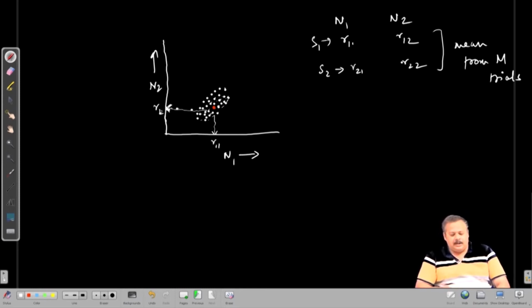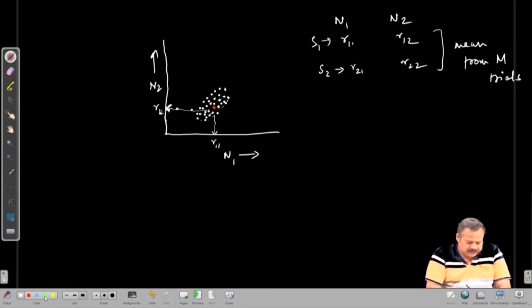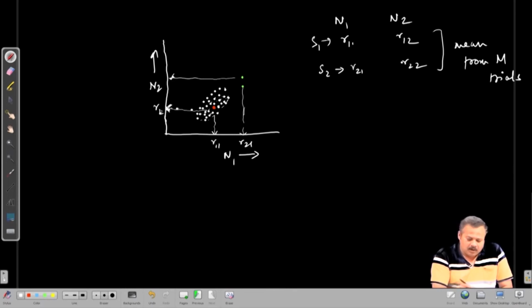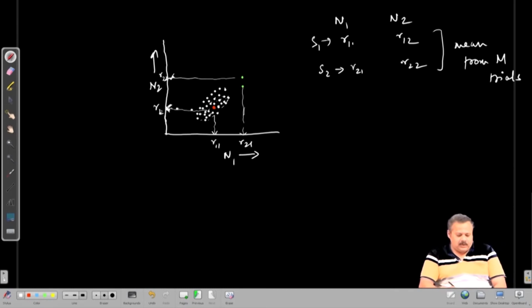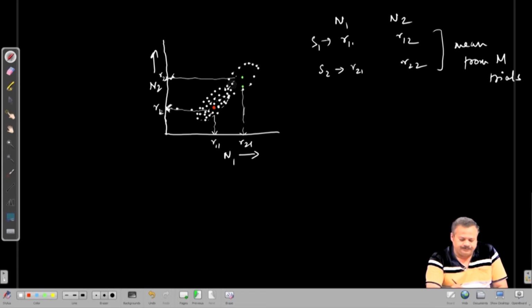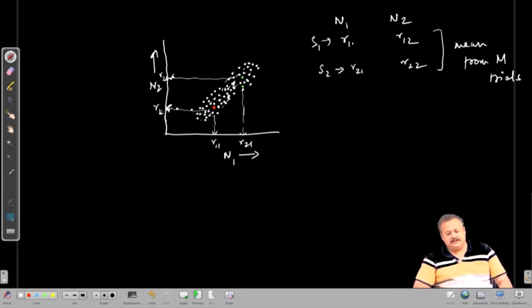And now let us say we represent the stimulus 2 mean with R21 here and R22 here, and we again have a distribution of points along this, and let us say the noise correlations are positive in both cases.